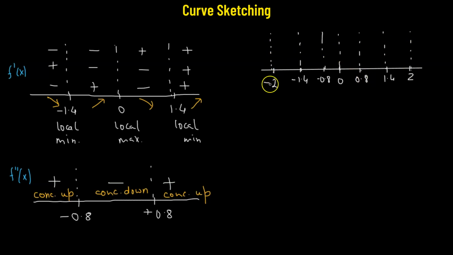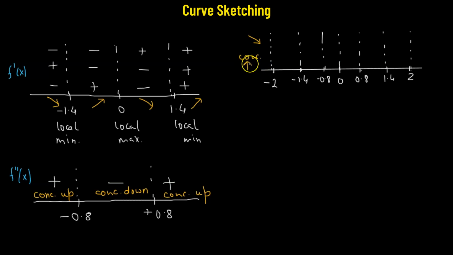For values less than negative 2, we have a decreasing function. Less than negative 2 or less than negative 1.4 will mean the same thing. So here we have a decreasing function, and it will have a concave up.